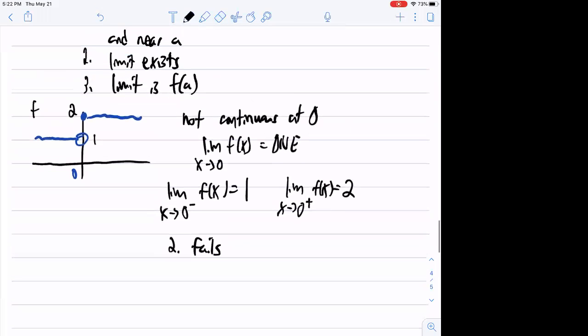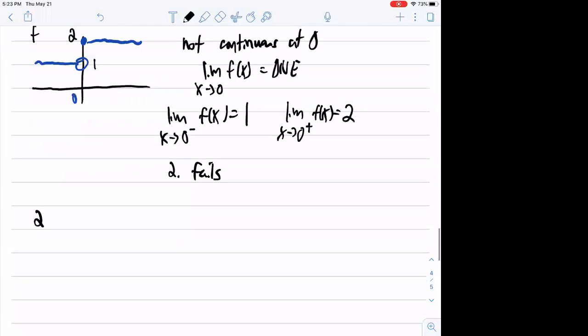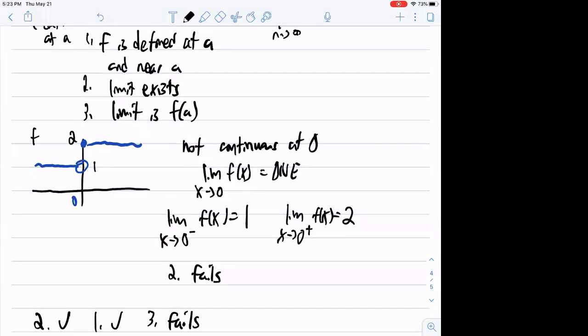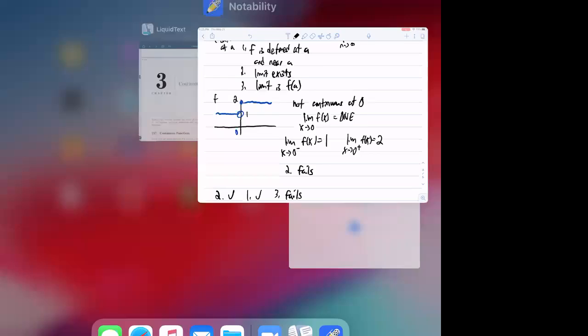So can anyone think of an example where 2 is good, 1 is good, but 3 fails? So I want the limit to exist, but not be f of a.